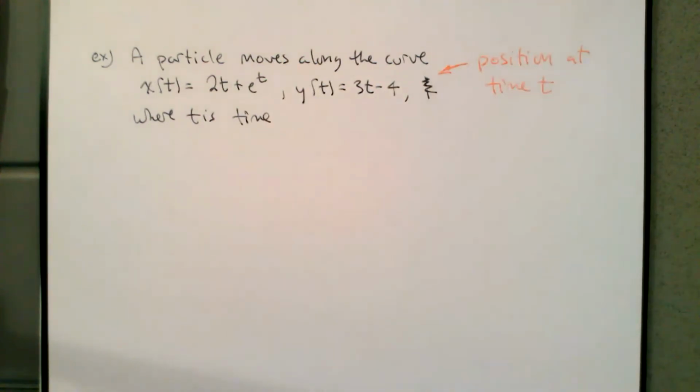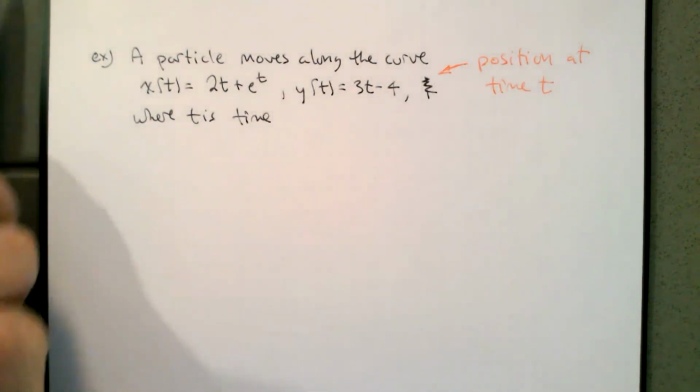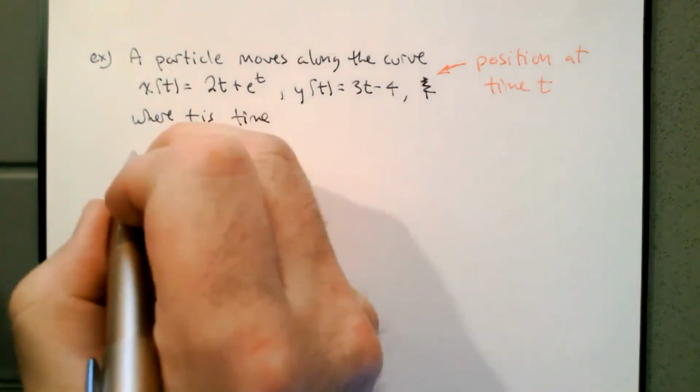So let's find the velocity of the particle at time t equals 0 and at time t is equal to 1.